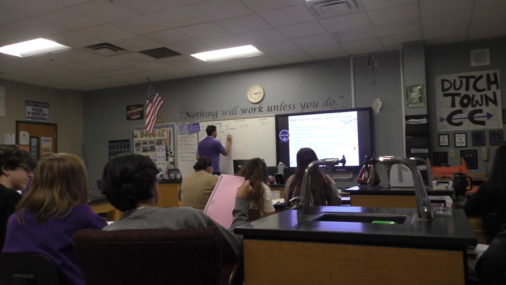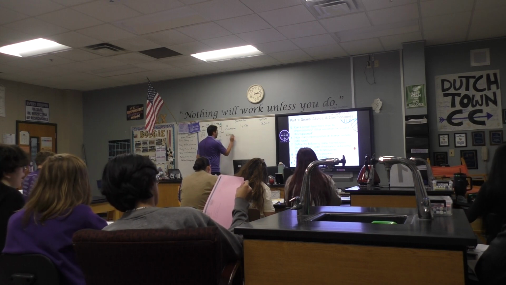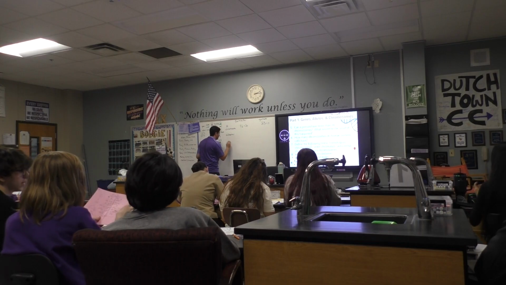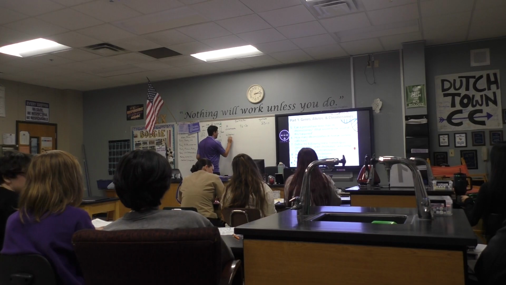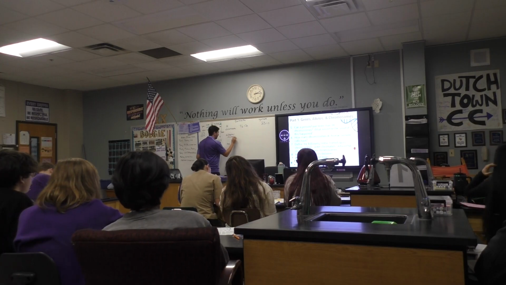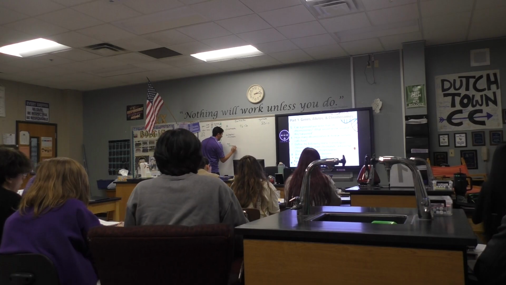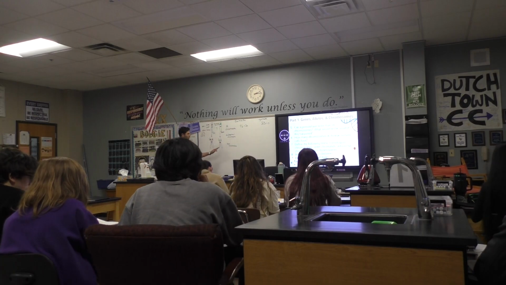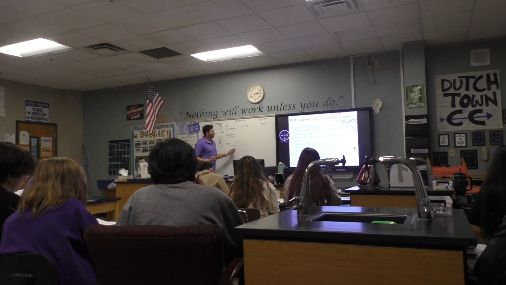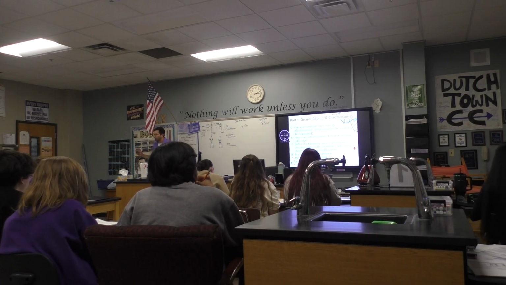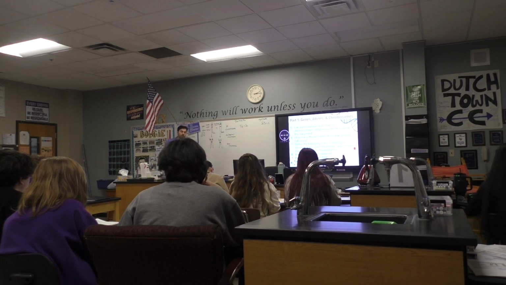So we have 2 types of chromosomes: autosomal chromosomes and sex chromosomes. And we need to know the count for this. Now I want you to make the distinction. Is a chromosome and a cell the same thing? Definitely not. Chromosomes are within cells.